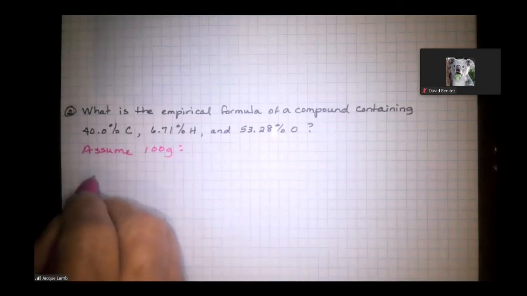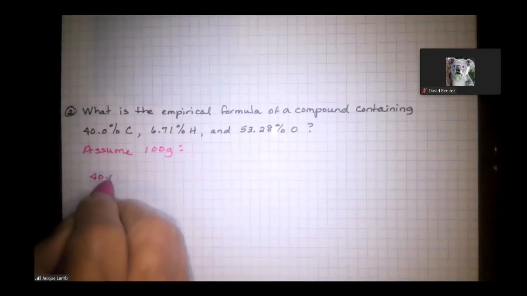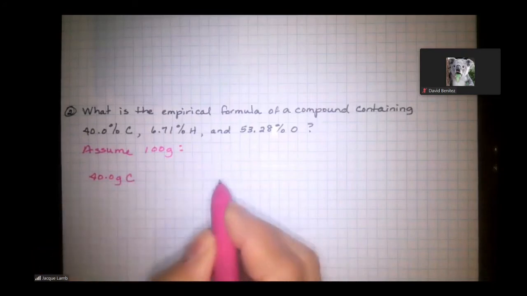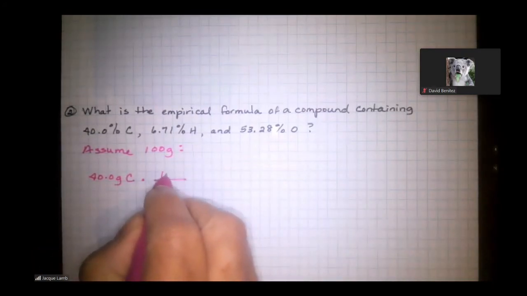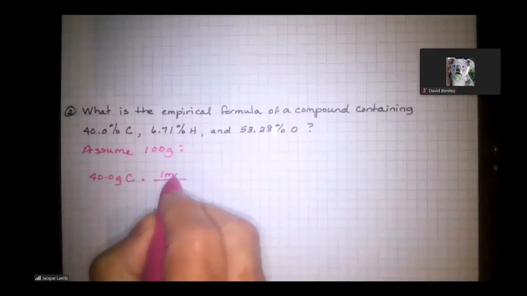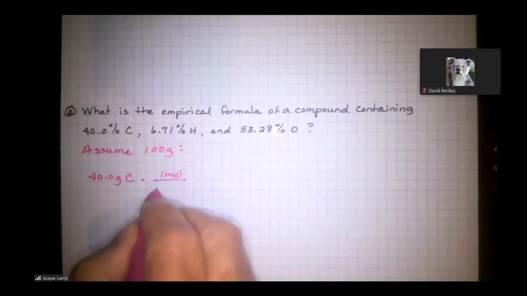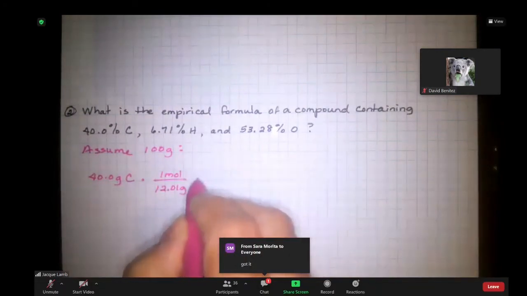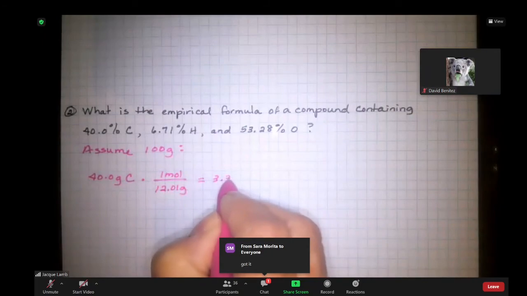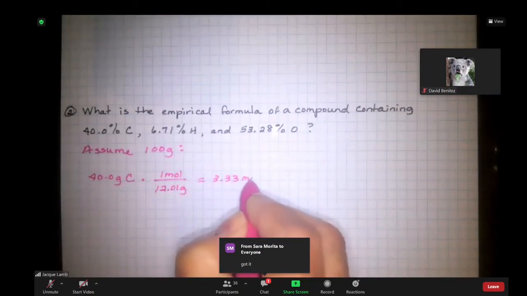So I have 40 grams of carbon, which I multiply by the conversion factor including molar mass, which is 1 mole is 12.01 grams. And that's going to give me 3.33 moles of carbon.